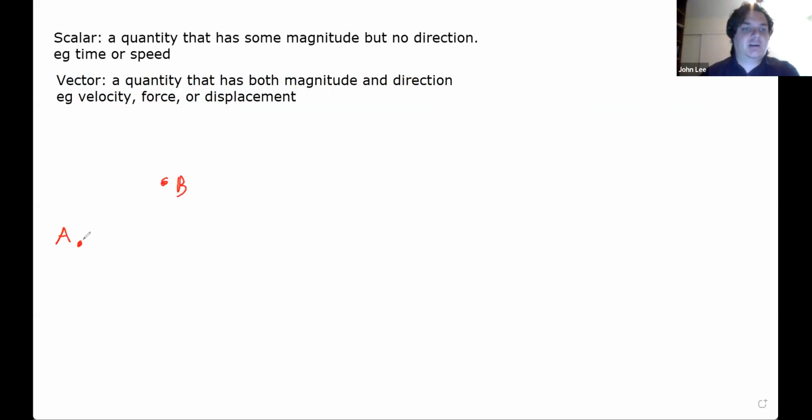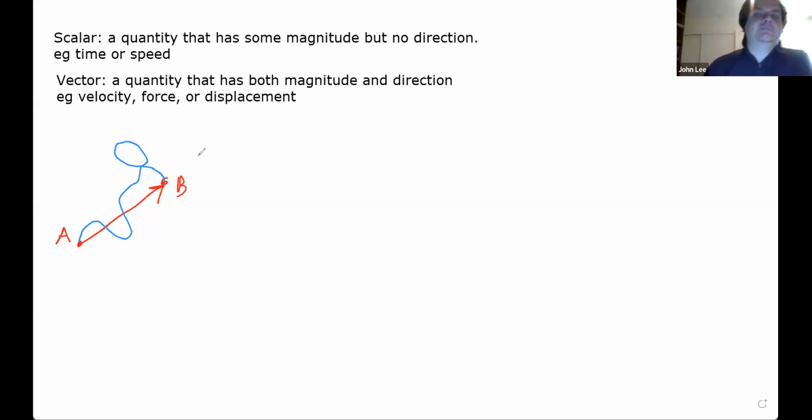So vectors are drawn from the tail of an arrow to the head of an arrow. So from here, from the A to the B, would be a vector for displacement. What the path might look like, what you might be going through when you're going from A to B might look like this, but the overall displacement is just going to be this vector pointing from the original position to the final position.